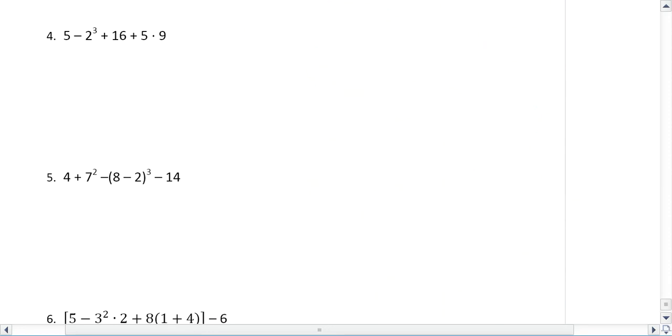Example 4, again, exponents first. So we'll say 5 minus 2 times 2 is 4, times 2 is 8, plus 16 plus, and then I can go ahead and multiply 5 times 9 and get 45. And again, do the adding and subtracting.